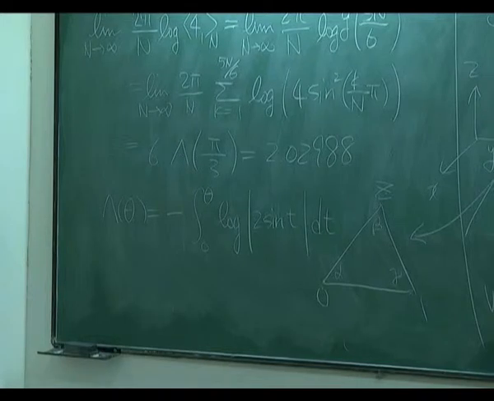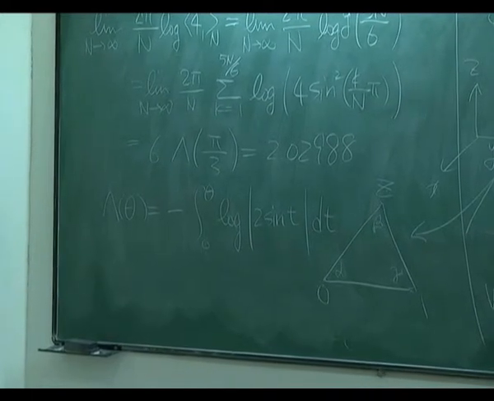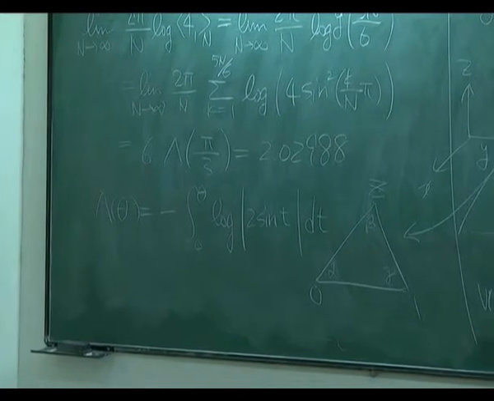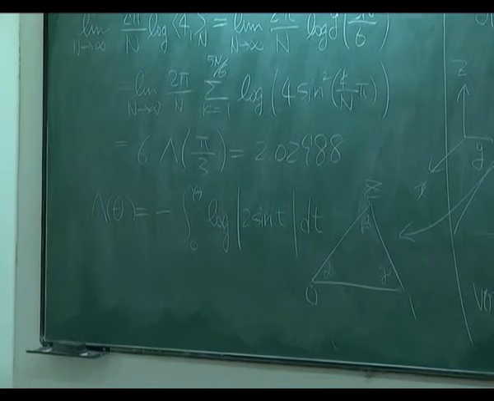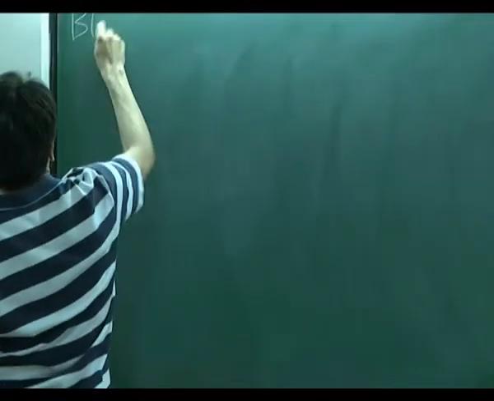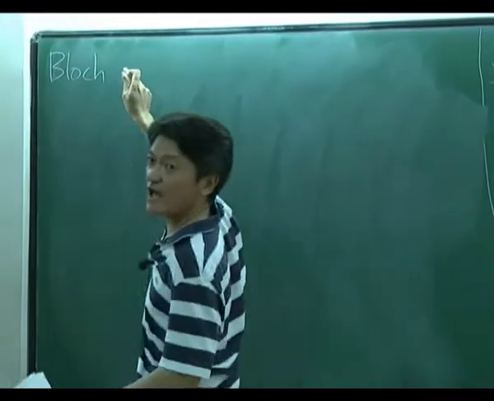And D(z) is called the Bloch-Wigner function.